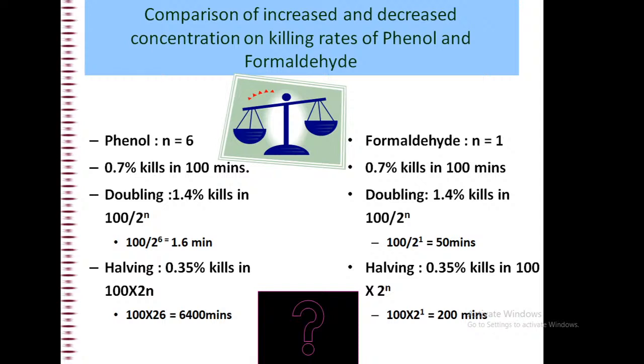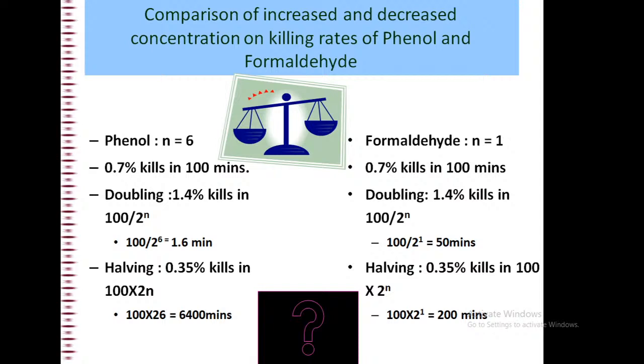How do they increase or decrease the killing rate? Here they are taking 0.7 concentration in 100 minutes. Time is 100. So killing goes as 2 raised to n, 100 raised to 2n.